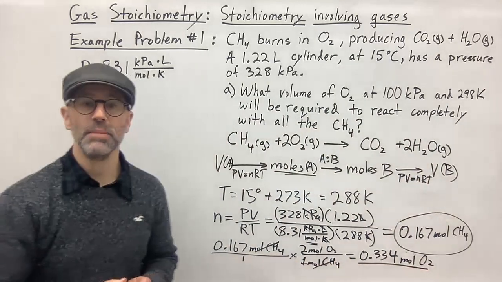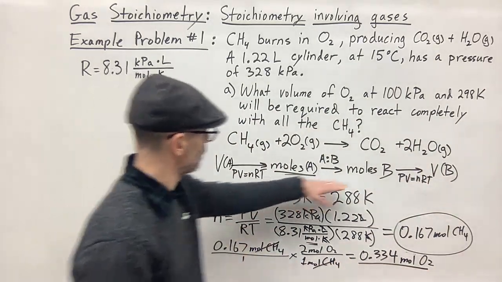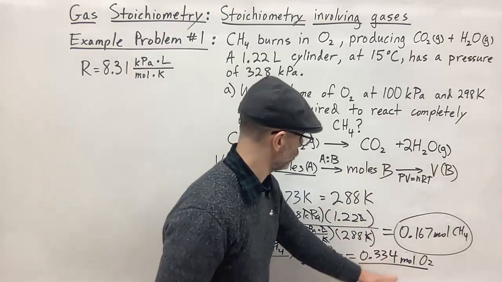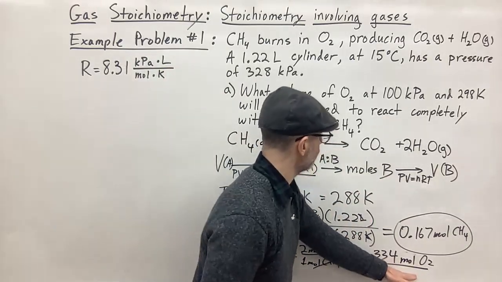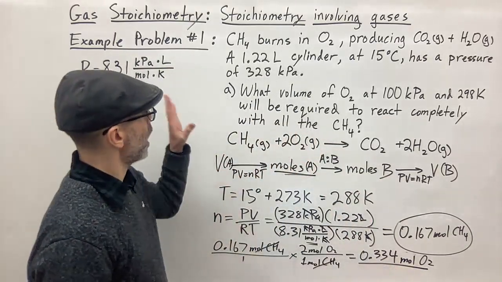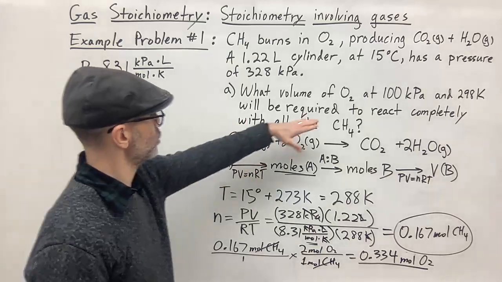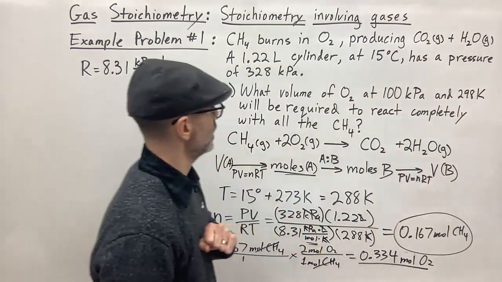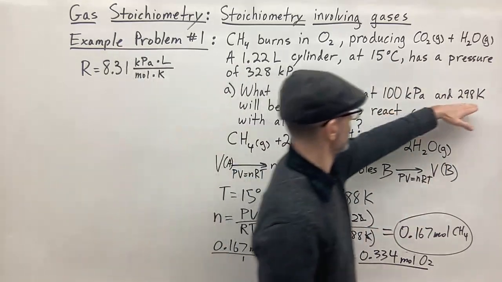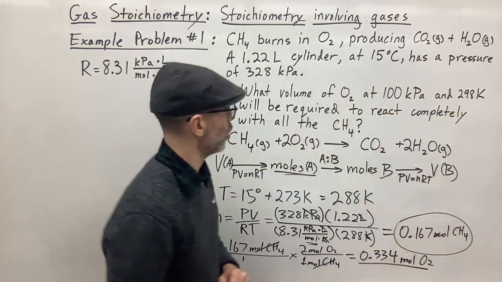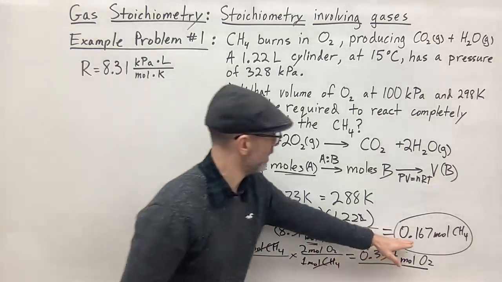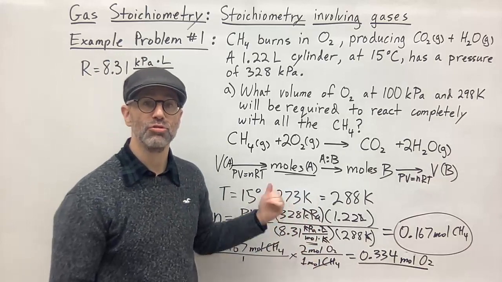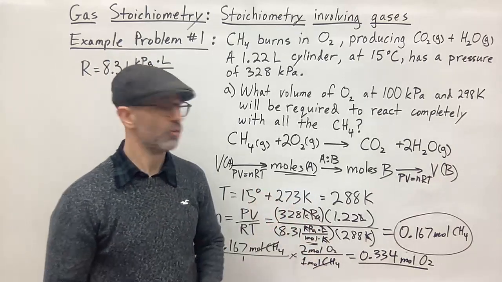So now I have my moles of oxygen. So now I'm here on my roadmap. So now all I need to do is take the number of moles that I have and then use the information they gave me. So I have 100 kilopascals, 298 Kelvin, and so now I can take that and use my ideal gas law again to convert to liters of O2.